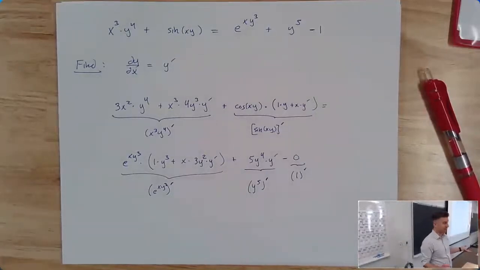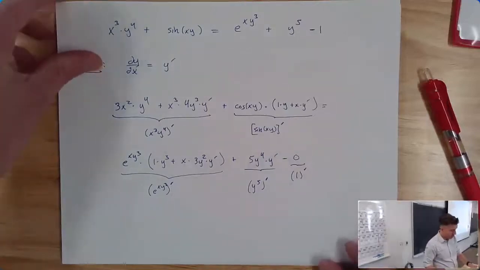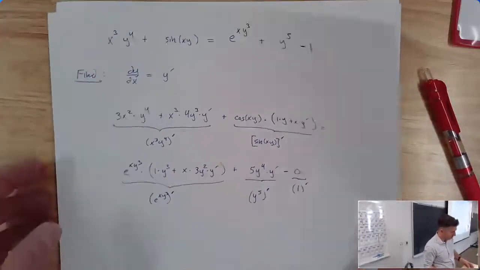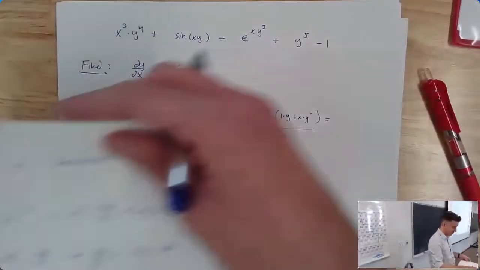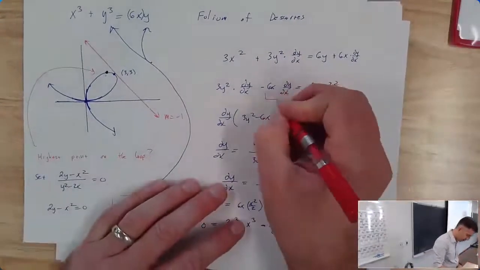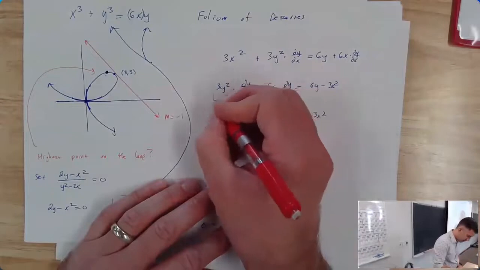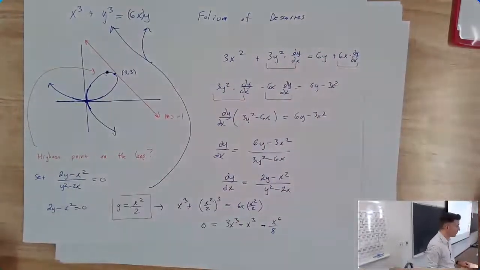Often with these implicit differentiation problems, when you're trying to find the derivative, it's all the algebra afterwards that's really where it gets ugly. So now we're going to have to do an additional step. That's something you don't have to do, but here we do. So previously, in the last example, after we differentiated both sides, we just brought all of the things that had a derivative to one side and all the things that didn't to the other side.